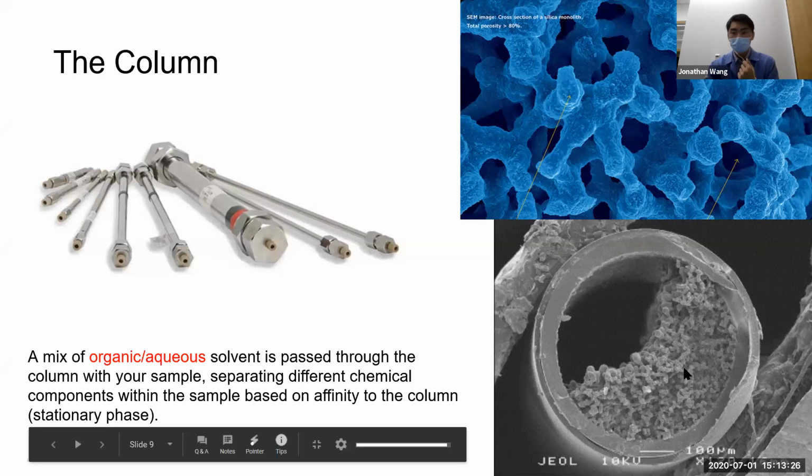A lot of research R&D is spent on optimizing this formulation, and companies can do very well or very poorly depending on how they do this process. So this column is generally referred to as the stationary phase because it doesn't move compared to the mobile phase or the liquids that are passing through.